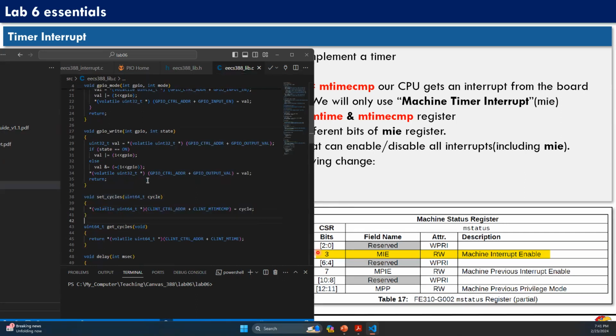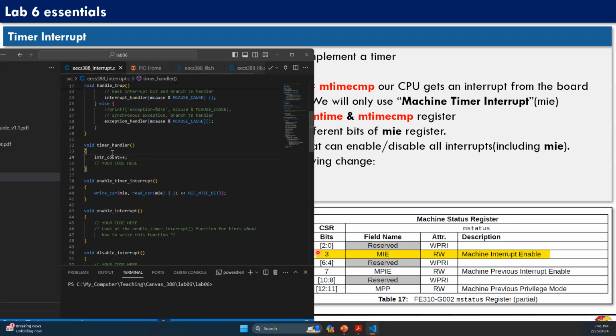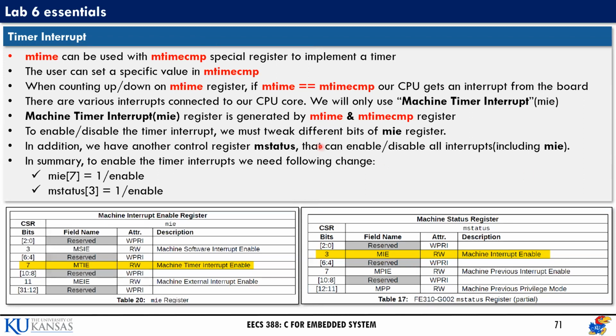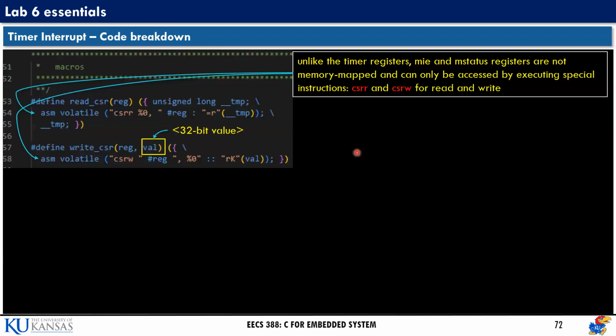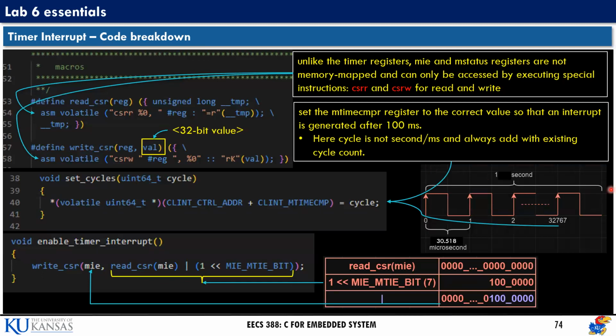After adding that, you can complete this timer handler function. If you're done with these three functions, you should be ready to observe the blinking of your LEDs at a 100 millisecond interval.